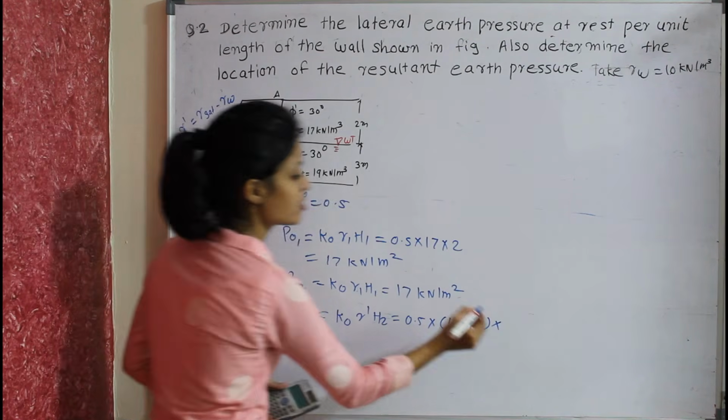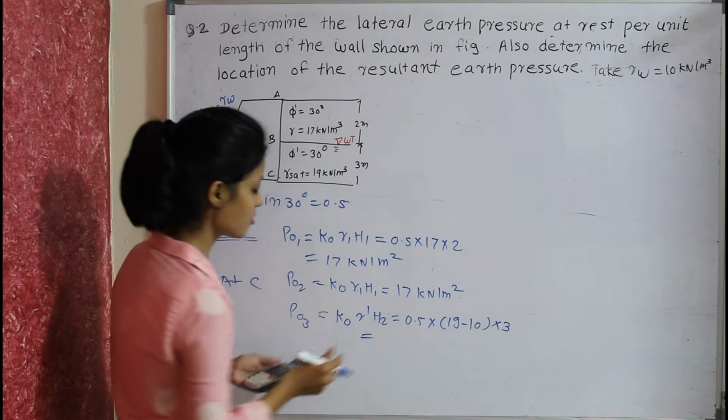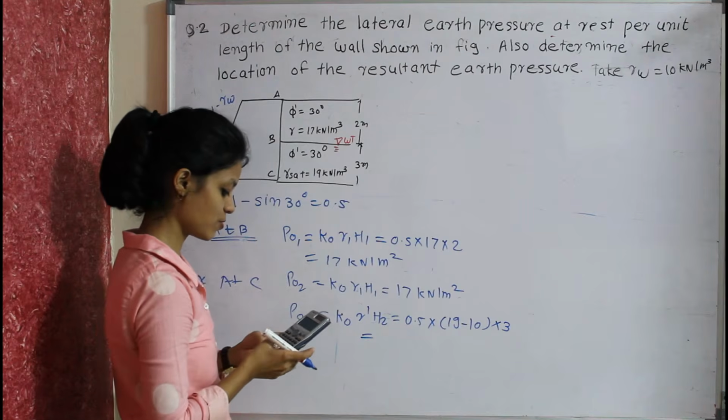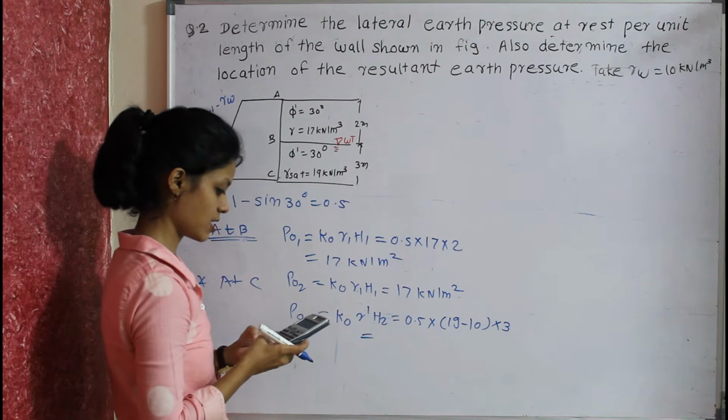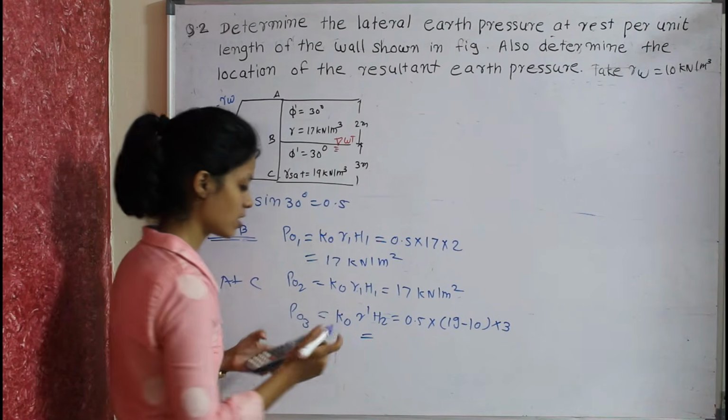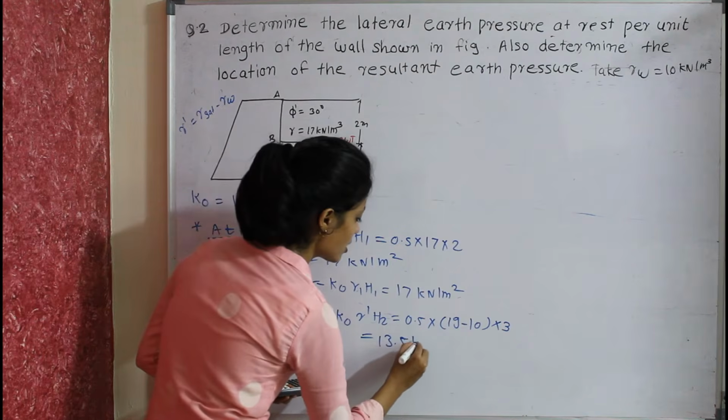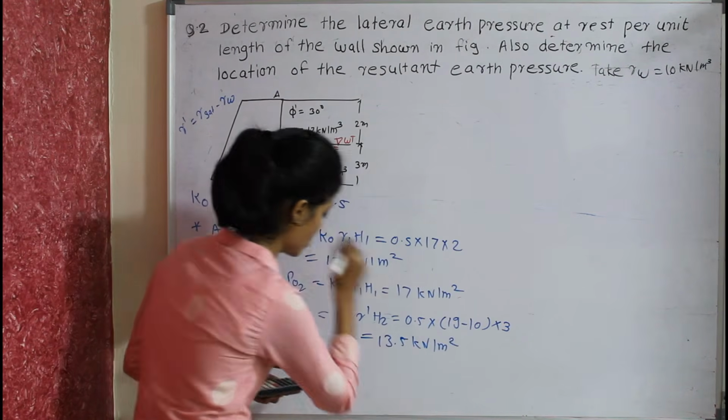Thickness of the second layer is 3 meter, which is equal to 0.5 into (19 minus 10) into 3, which is 13.5 kilonewton per meter square.